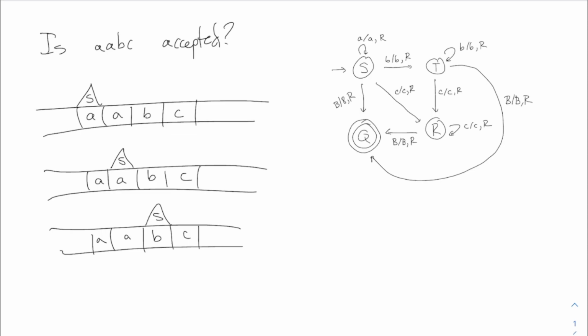Now something different will happen. I'm in state S and I'm going to read a B from the tape. That means on the diagram I must follow the horizontal arrow across, which says B/B, R. So the B stays like it is.